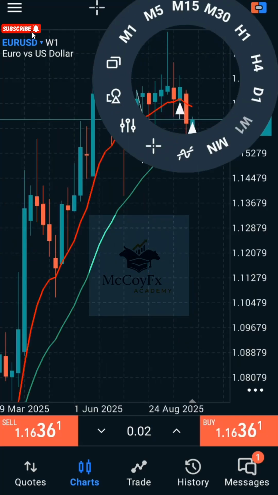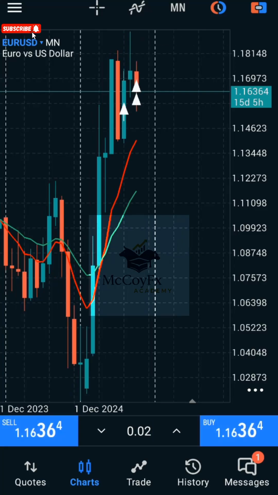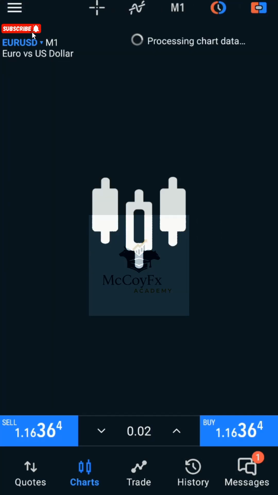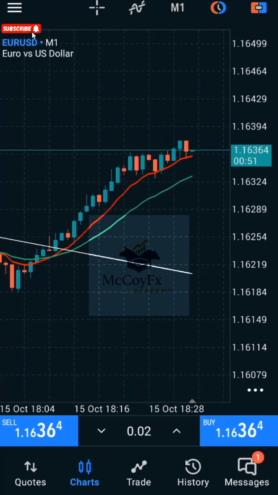Weekly to monthly, the same thing, different formation. Now let's go back to the 1 minute. Now we are back to the 1 minute time frame, which has also changed how the candle formation is.